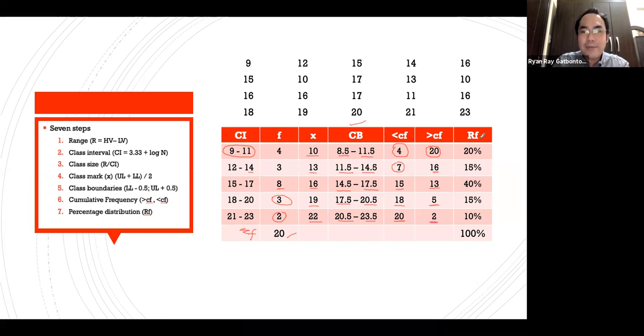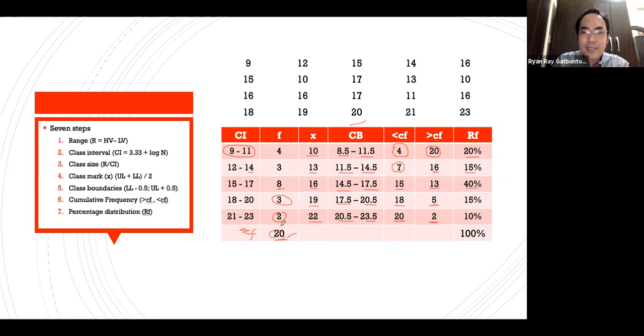So the relative frequency for this one is the percentage distribution of this one to the total. So you just get the percentage of 4 to 20. So that's 20%. You get the percentage of 3 out of 20, that's 15%. You get the percentage of 8 in 20, then you get 40%.